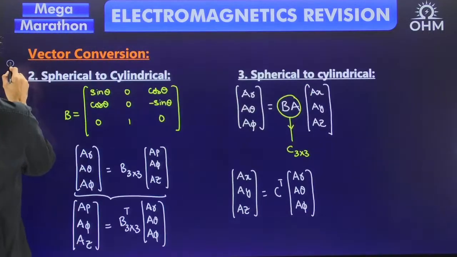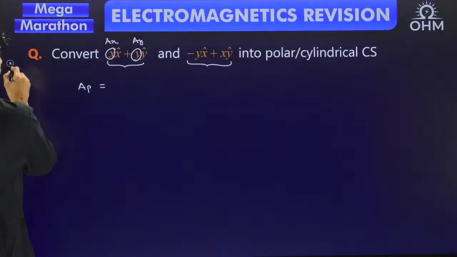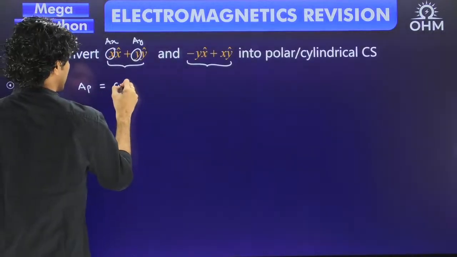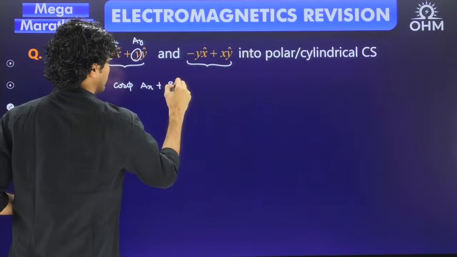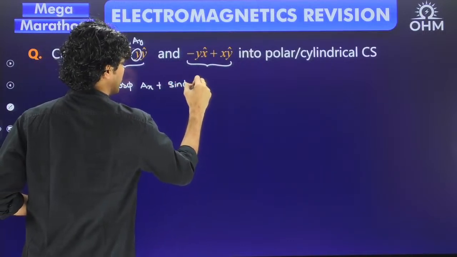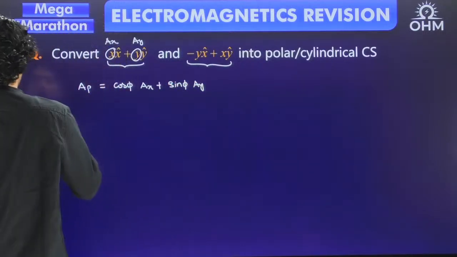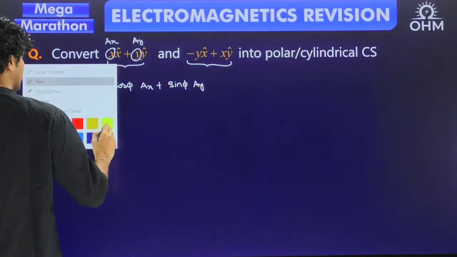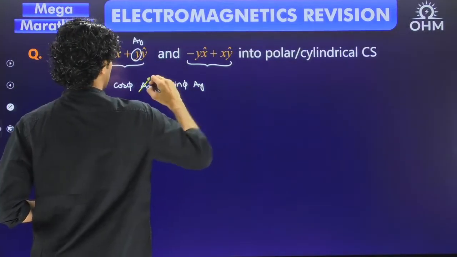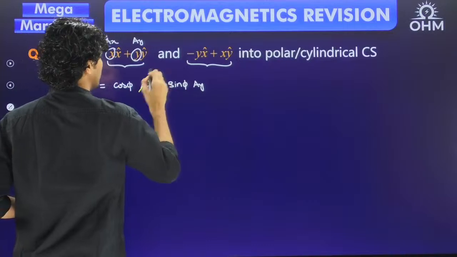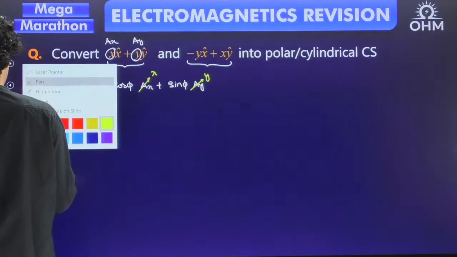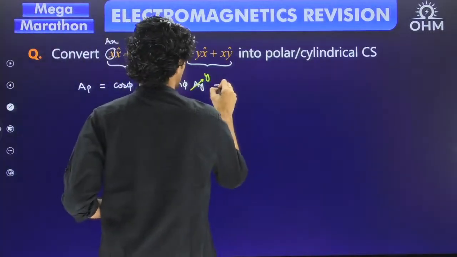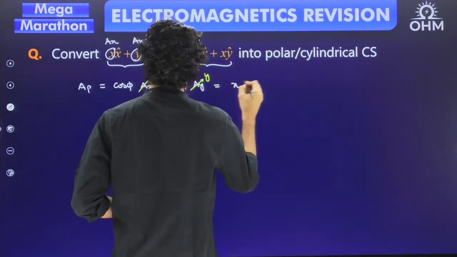So a rho is cos phi times ax plus sin phi times ay. And substitute the values of ax and ay. In the given data, ax is equal to x and ay is equal to y. Upon substitution, this becomes x cos phi plus y sin phi.